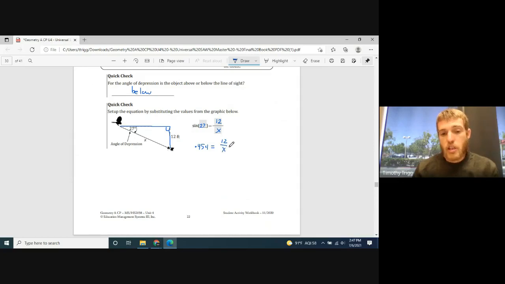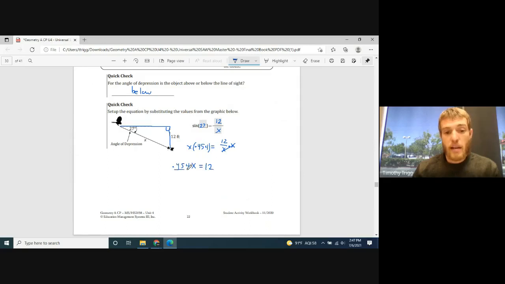To cancel out the fraction, you multiply by x. Remember, you always multiply by the denominator, whether that's x or some other number. You multiply by x over here, so it's x times 0.454. So I'll call it 0.454x equals 12.